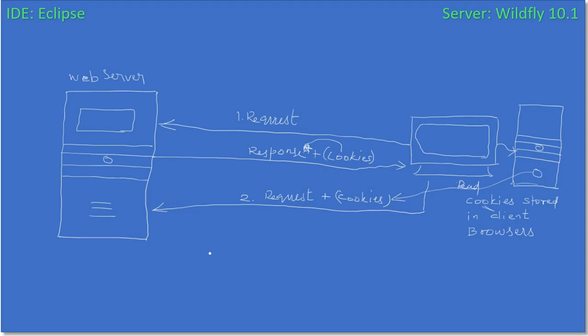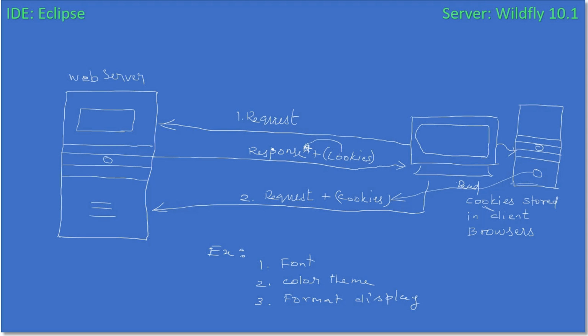Some examples: say, for example, in a browser, when you are visiting a particular site, you want to decide the font, color theme, and format of display. All this stuff, if the user wants to store it as their preferences, then they can send it in the subsequent request.